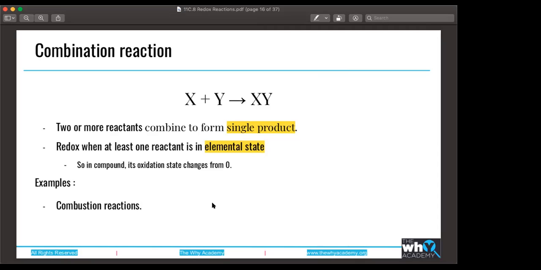Ma'am, which is a redox reaction, which is not a redox reaction? So in combination, when you have at least one reactant in the elemental state, it's a redox reaction. So I'm asking, can you think of any combination reaction which is not a redox reaction? Can it be hydrations? Hydration, yeah, that's a good example.